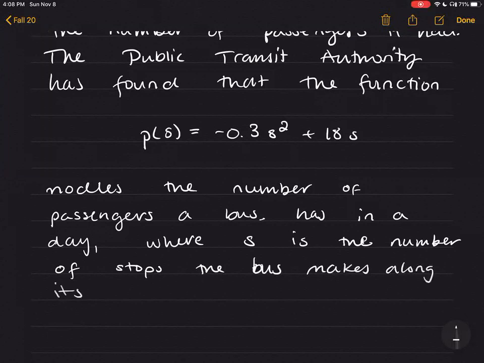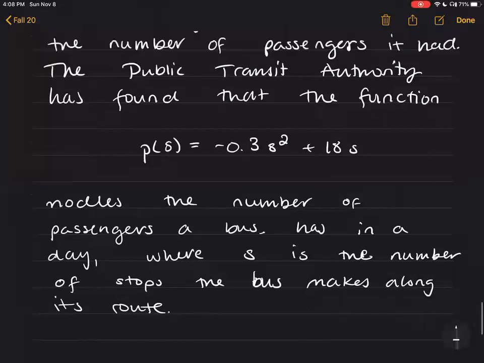Okay, so if you had a bus route that had 10 stops in it, if you wanted to kind of approximate the number of passengers you would expect to see in a day, what you do is you would take 10 and you plug it into this function. So it'd be P of 10. So you plug in 10 everywhere you see an S, because that'd be the number of stops. Okay.